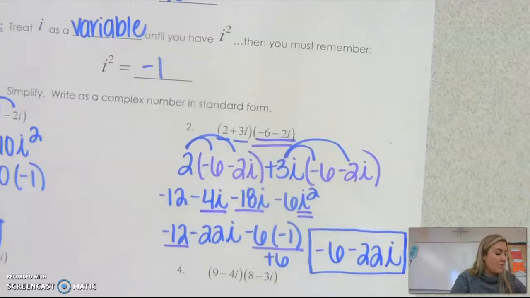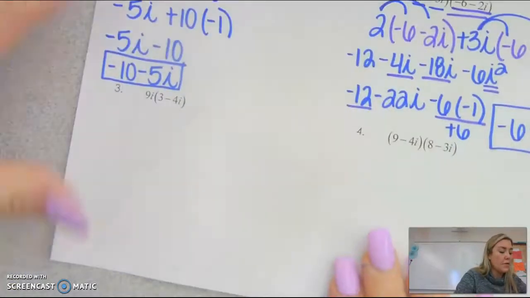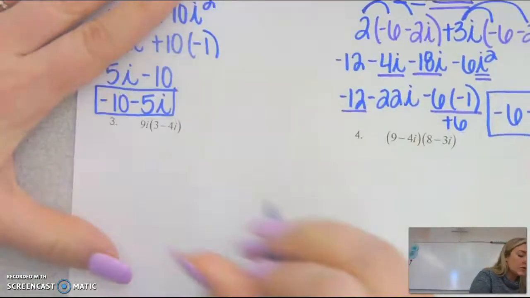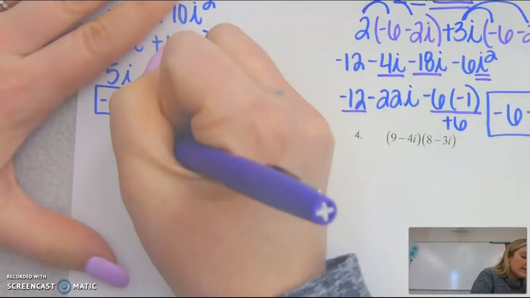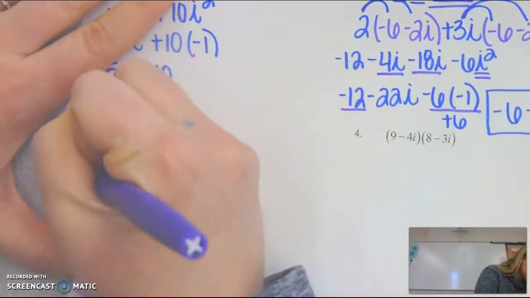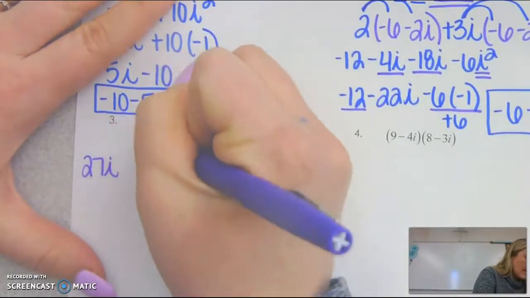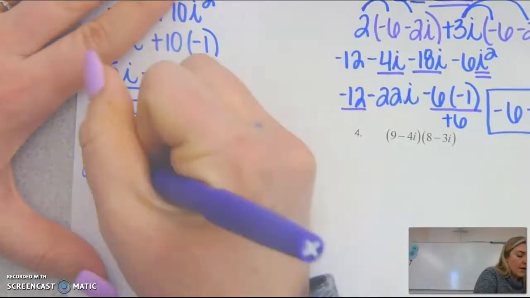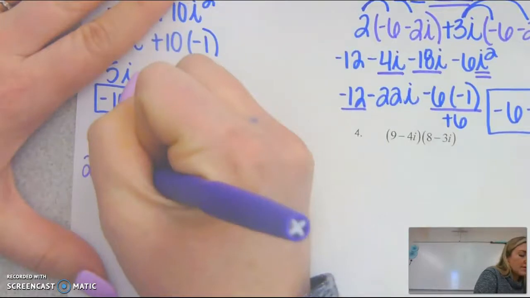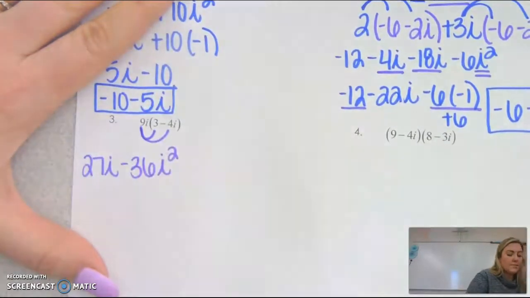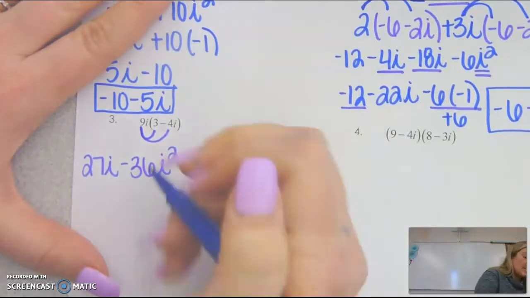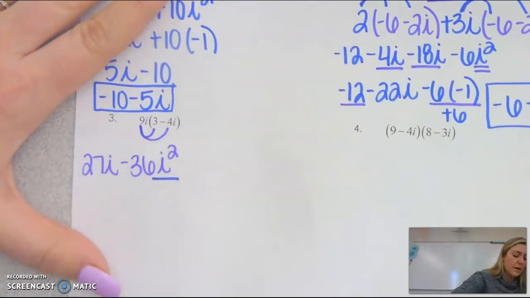Okay, let's keep it rolling. So for number 3, I'm going to distribute. I have 9i times 3. That gets me 27i. 9i times -4i is -36i squared. So I have an i squared, and I need to simplify that.